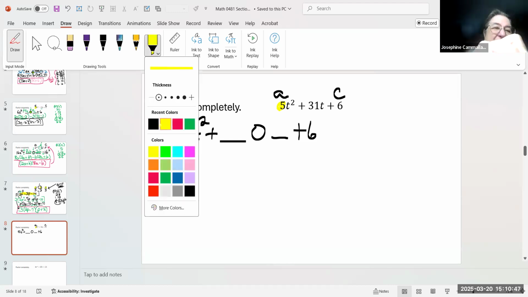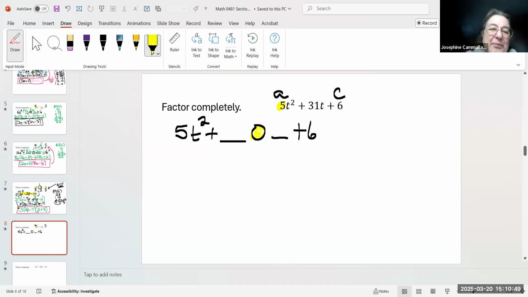Well, what goes in the middle here? Well, hopefully now you've become a pro. You know this is a positive sign. Okay, A times C is 30. 5 times 6.